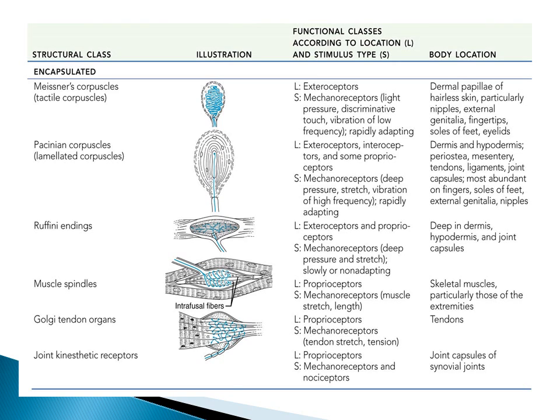The first of which is the Meissner's corpuscles. These are exteromechanoreceptors. They respond to light pressure and discriminative touch. And by discriminative touch, we mean that when a Meissner's corpuscle is stimulated, the brain can very accurately localize the area on the body that's being stimulated.